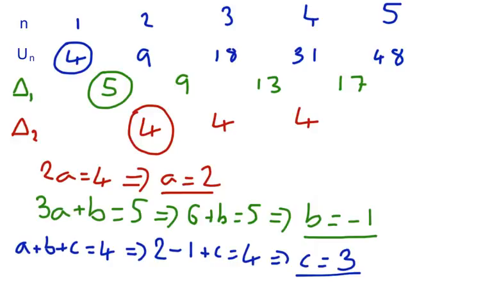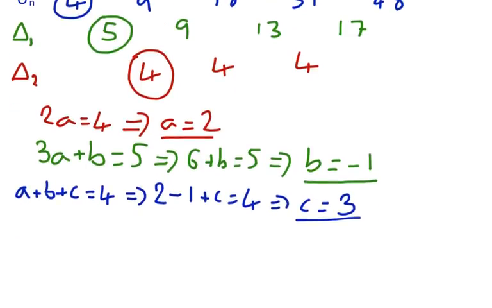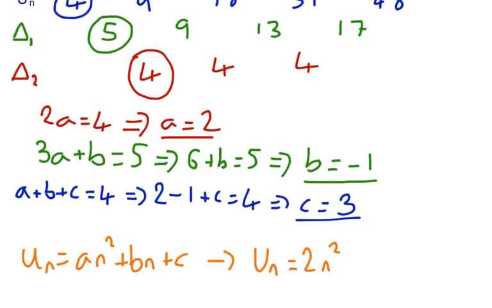Now that we've got that, we can write out our general term by using a, b and c in the an squared plus bn plus c. So un is equal to an squared plus bn plus c, but in this case a is equal to 2, so we have 2n squared. b is equal to minus 1, so we have minus n.